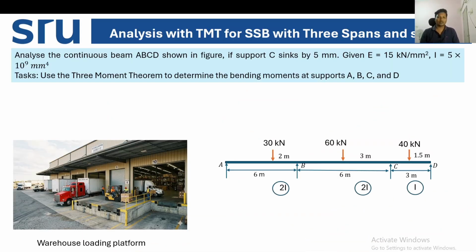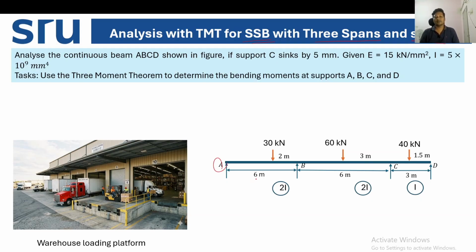Coming to the example of application of the three-moment theorem for the continuous beam. But what is the difference here? Here it is three spans with sinking of the support. The question gives a three-span beam, that is spans AB, BC, and CD.